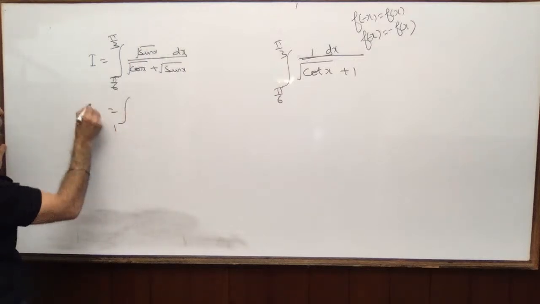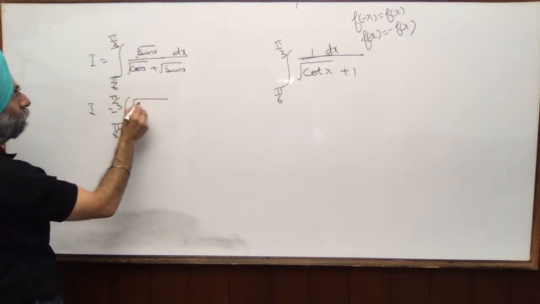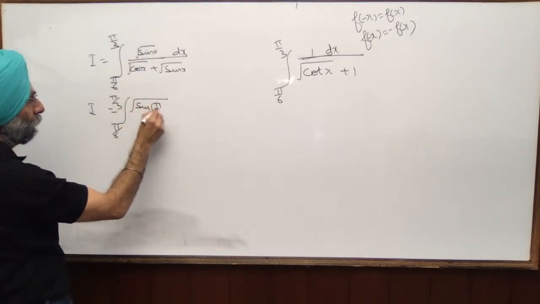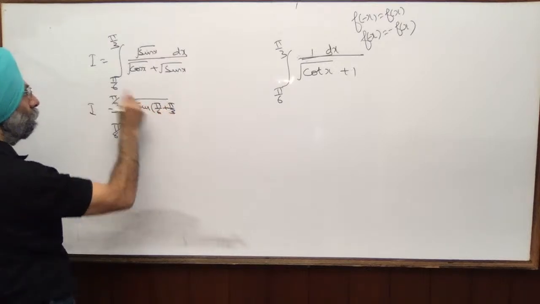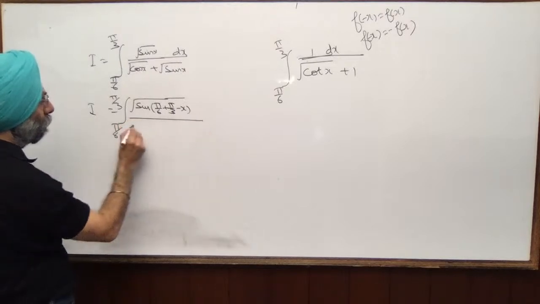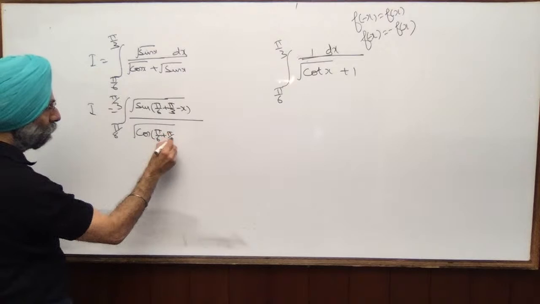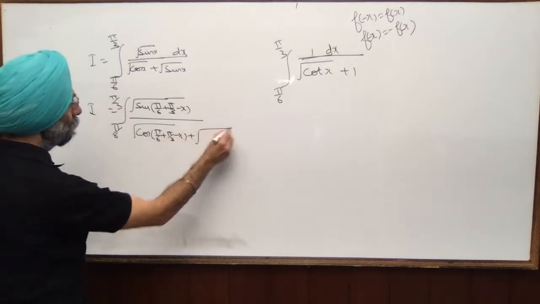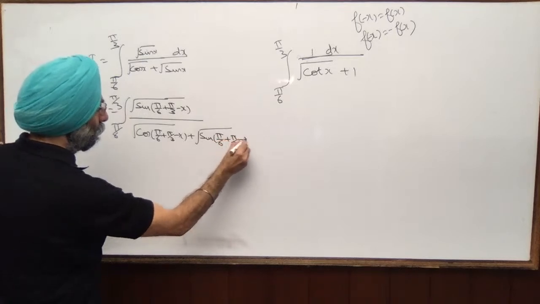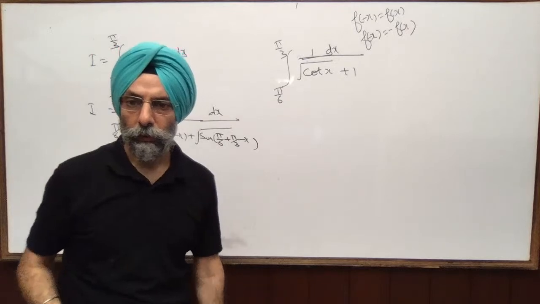So I is equal to pi by 6 to pi by 3 f of a plus b minus x upon f of a plus b minus x plus f of a plus b minus x dx.